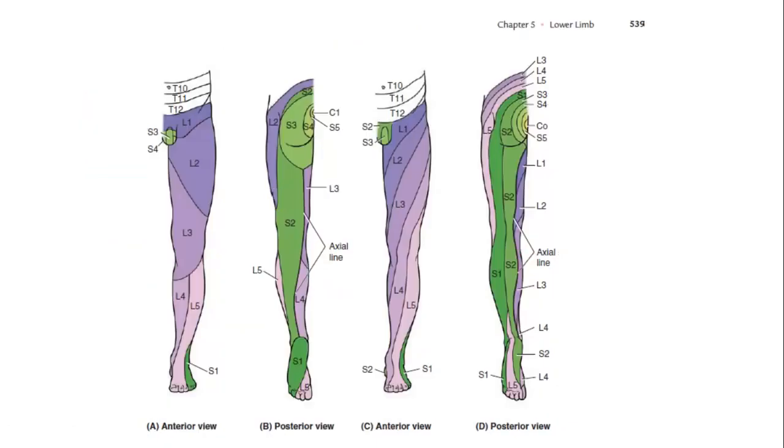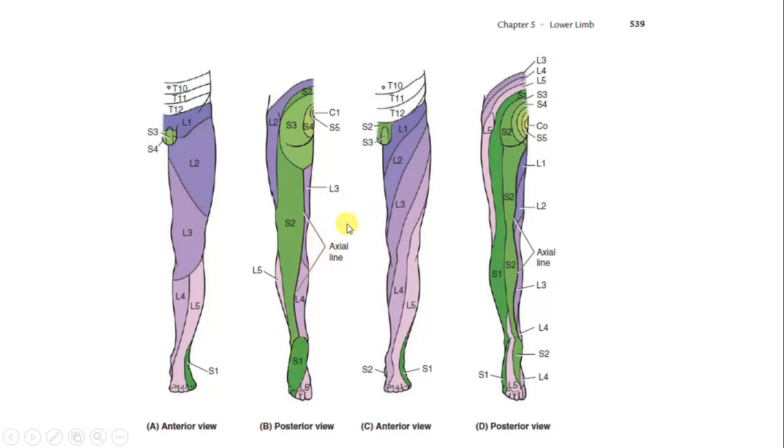Here the dermatomes are shown, which dermatome is supplying which area. So if the sensation is lost here, S1, it means that either the nerves carrying the fibers from S1 are damaged, or the spinal cord level S1 is damaged, or the nerve to S1 in the lumbosacral plexus is damaged.